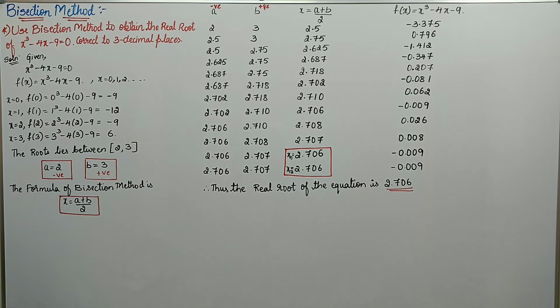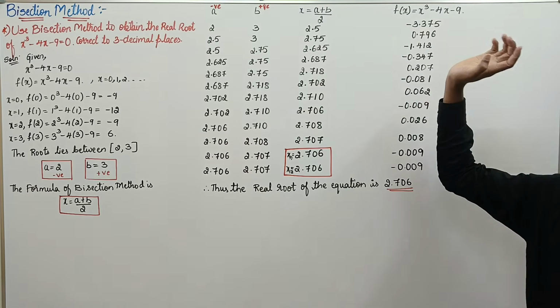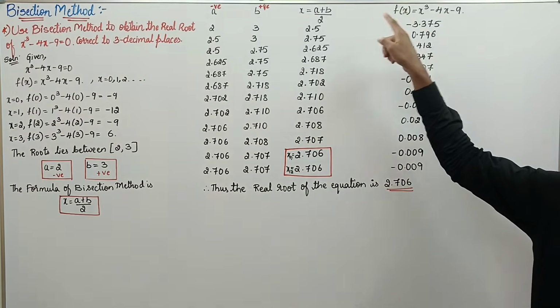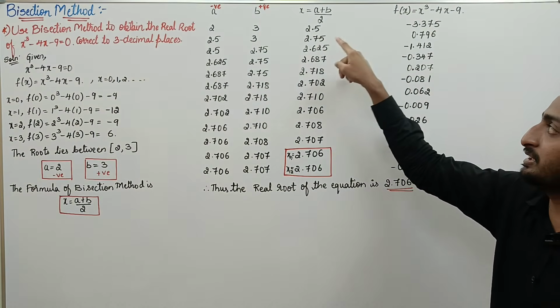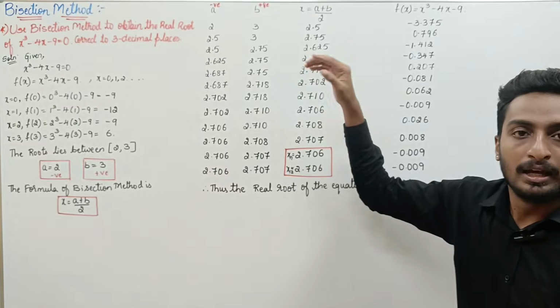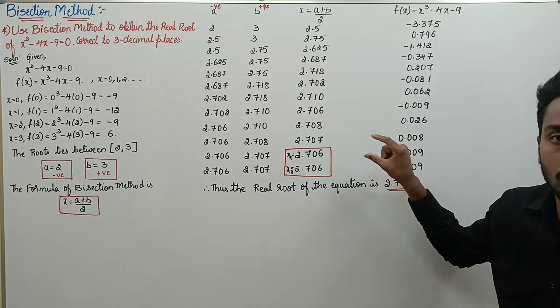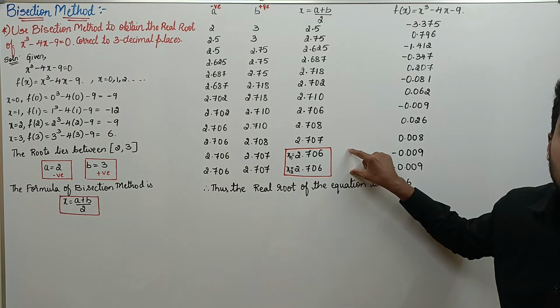The bisection formula is given by a plus b by 2. Represent the tabular column a, b, x and f of x. Now substitute the values. If you get minus, change this with respect to the negative sign. If you get positive, change the value with respect to the positive term. Repeat the condition until the last two approximation values are the same.